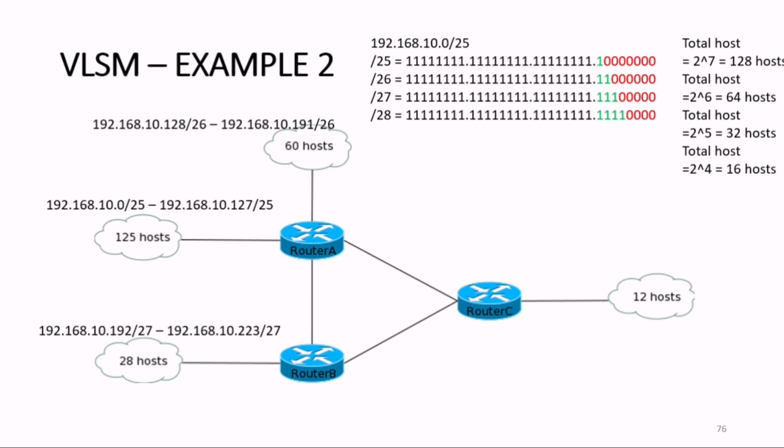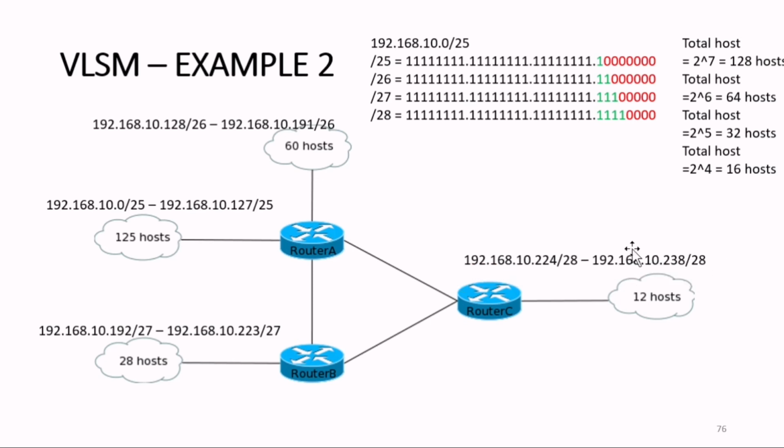So for this IP address, we can use 192.168.10.224 slash 28 until 192.168.10 dot, plus 16, 239 slash 28.